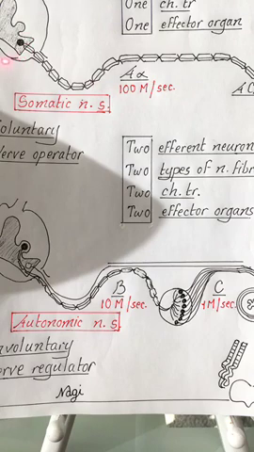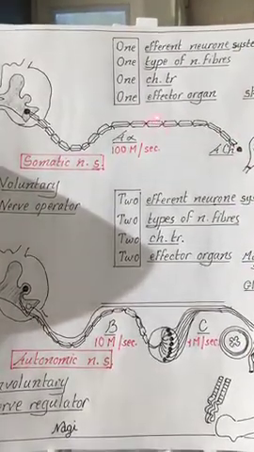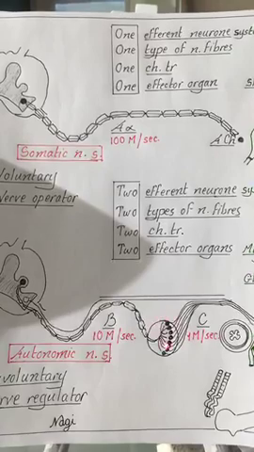The second fact, they travel along the fastest nerve fibers, A alpha, thick myelinated, with conduction velocity of 100 meters per second. Not via the B, thin myelinated nerve fibers with conduction velocity 10 meters per second, or C, the unmyelinated with conduction velocity 1 meter per second. The third fact, they go all the way to the skeletal muscle. There is no ganglion in between, as in case of autonomic nervous system.